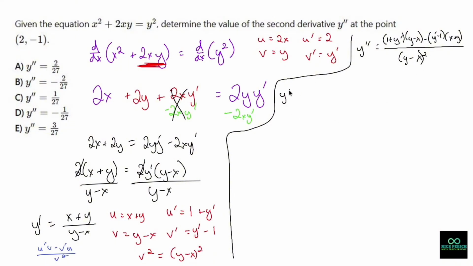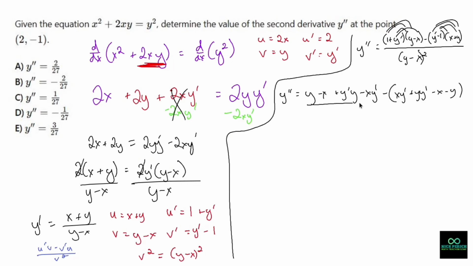Let's simplify that. Y double prime, let's do some foiling, is going to be 1 times y is y minus x plus y prime y minus x y prime, minus parentheses, gross, x y prime plus y y prime minus x minus y.